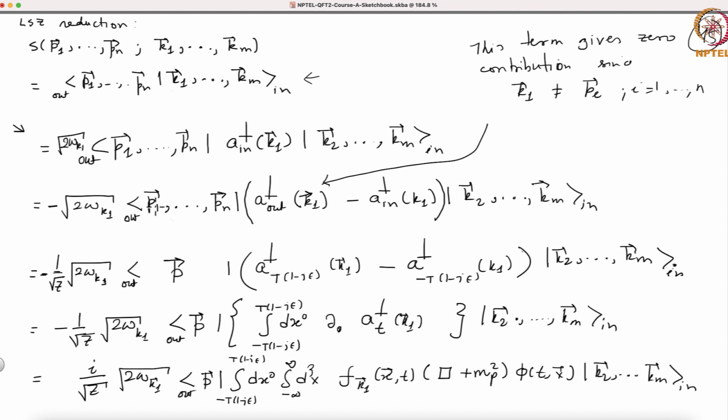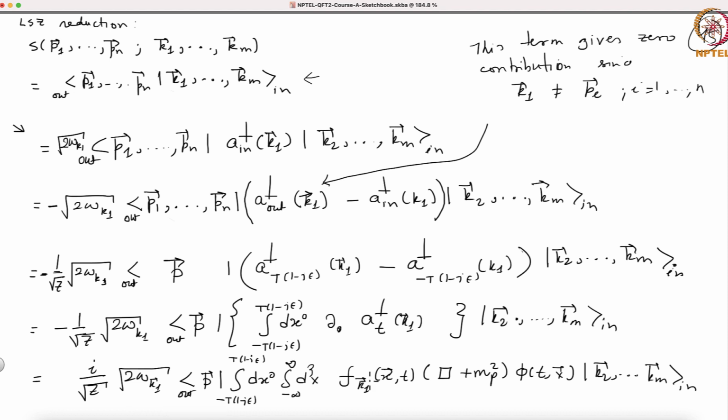Then of course there is a minus sign coming because of this thing which we did, and when I replace a out dagger and a in dagger in terms of a dagger at t or minus t, I get a factor of 1 over square root of z. So I get root 2 omega k1 over square root of z when I get rid of momentum k1.